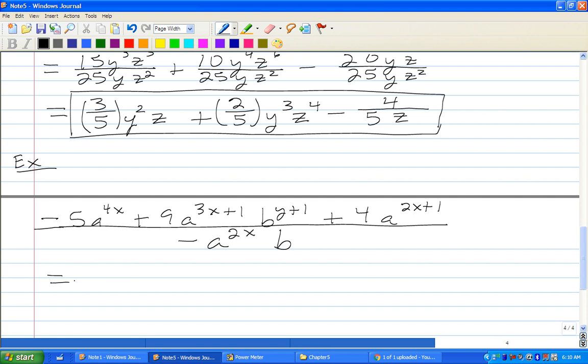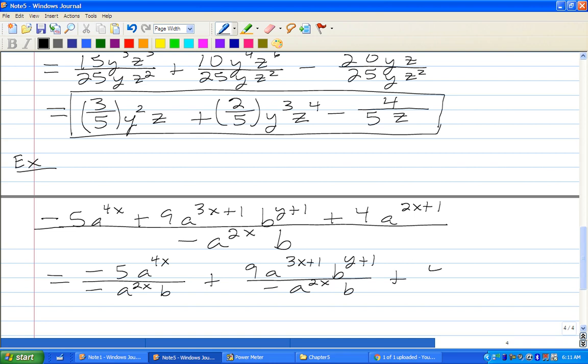So let's divide each of these by the denominator. So negative 5a to the 4x over negative a to the 2xb plus 9a to the 3x plus 1 b to the y plus 1 over negative a to the 2x b plus 4a to the 2x plus 1 over negative a to the 2x b.